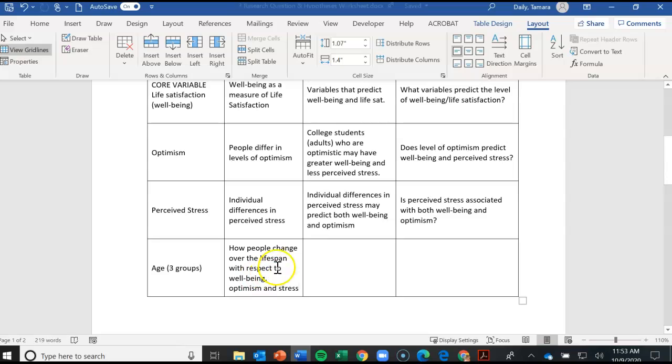I might be interested in how people change over the course of their lifespan in my other variables of interest, my core variable and my two quantitative variables. I can narrow that in terms of how I want to specify differences in age. So making comparisons: the youngest group versus middle age versus, there's no good word for older. I'd be in that older group, I think.